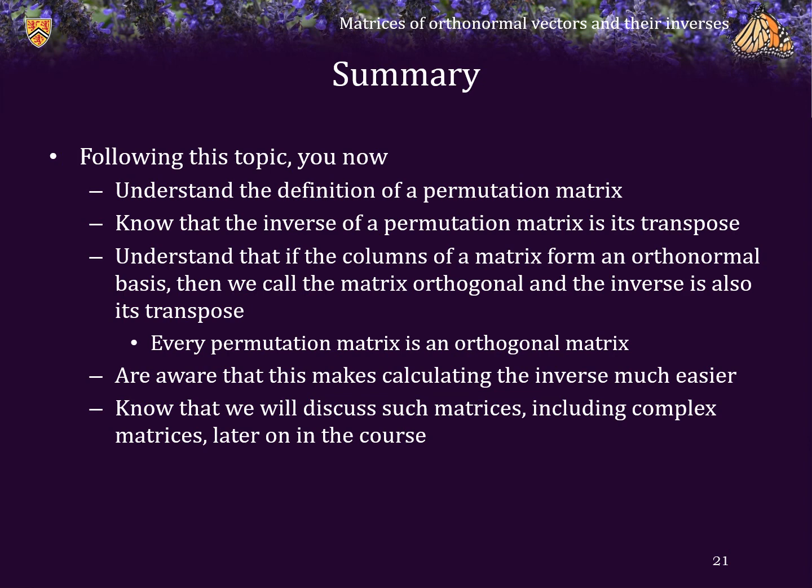Note also that every permutation matrix is an orthogonal matrix. You are now also aware that this makes calculating the inverse much easier and numerically stable, and you know that we will be discussing such matrices, including complex matrices, later on in the course.